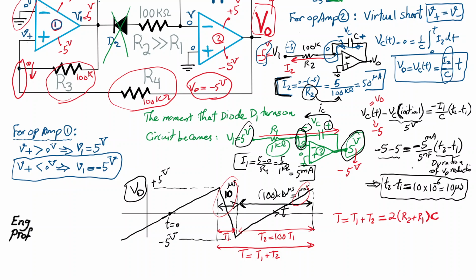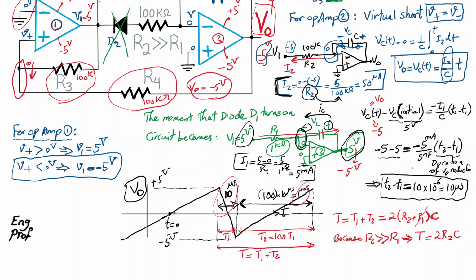So in this case, we can approximately say it's just 2 times R2, because R2 is much, much larger than R1. Therefore, we can basically neglect R1 and say T is just 2 times R2C.